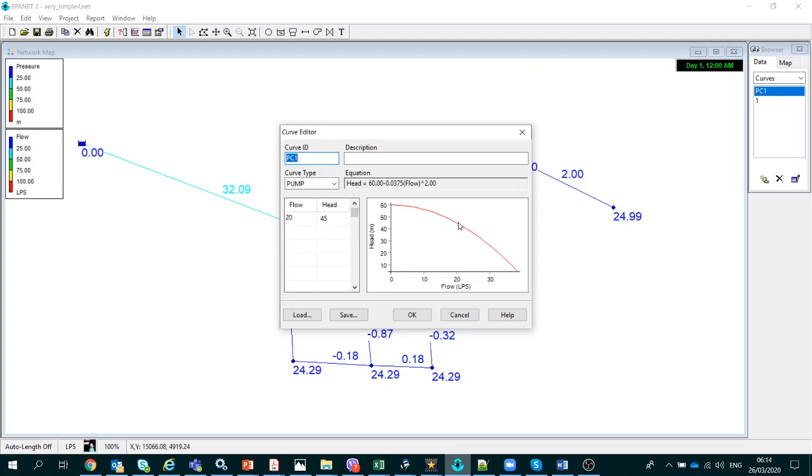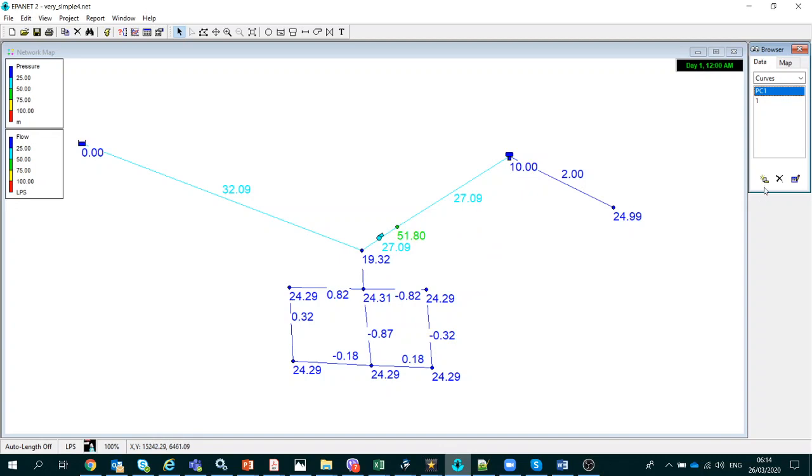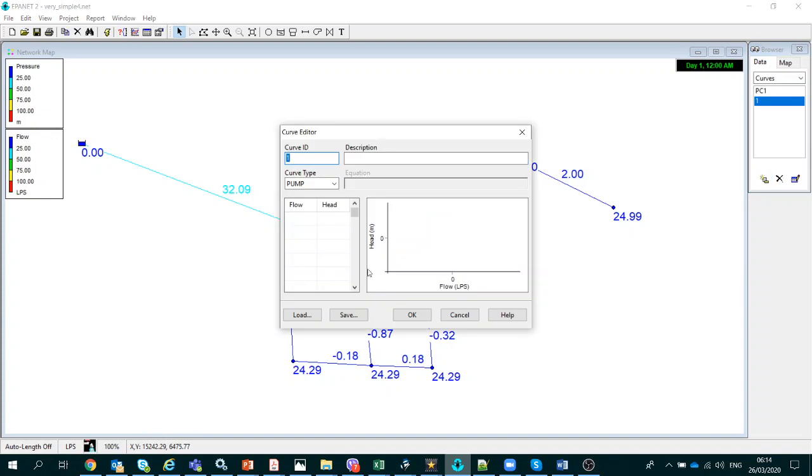That's the central part of the curve. Typically, this is where the pump is mostly of highest efficiency. Okay, so now let's go ahead and add an extra curve. Sorry, I have accidentally added an unnecessary curve here. Let's delete that. Okay, extra curve.